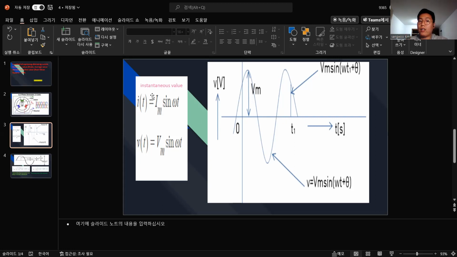If we add v = V sine omega t, that gives the instantaneous value. If here's current and here's voltage, this is how to get the instantaneous values, right? So let's move on more.